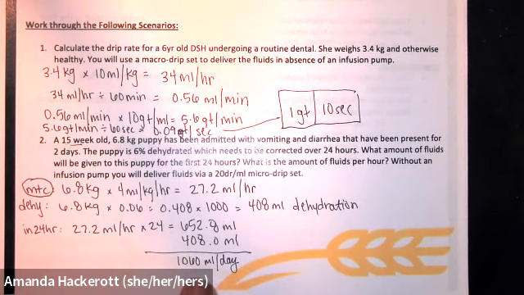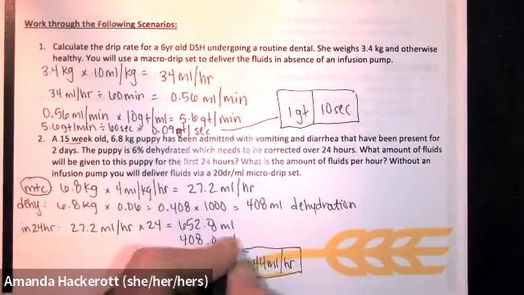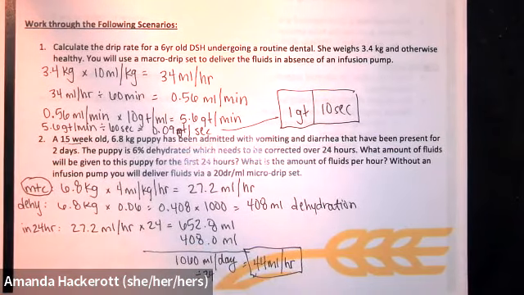If we divide this by 24, that'll give us then 44 mils an hour for his rate of maintenance plus dehydration. But we can't stop there. We have one last step in this problem, and that's because we don't have a pump. We're using a 20 drop per mil micro drip set.